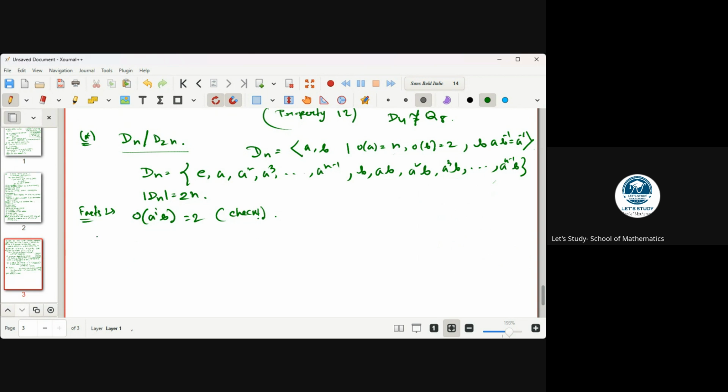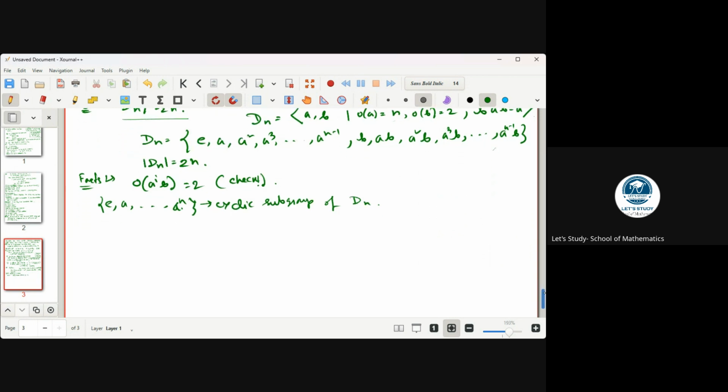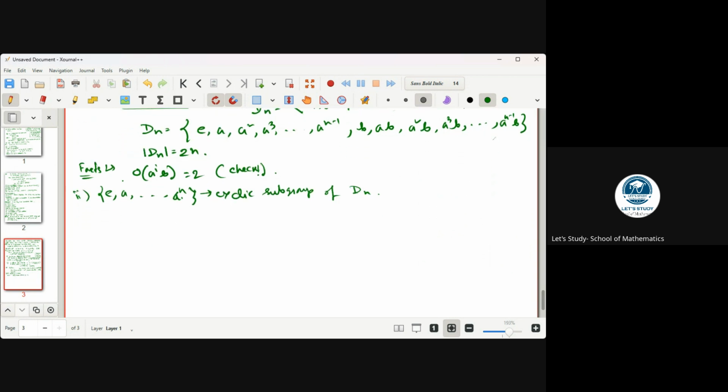And this is always a cyclic subgroup of Dn, as you can see. And the third one is always index 2 subgroup, so this is normal. This is a normal subgroup of Dn.